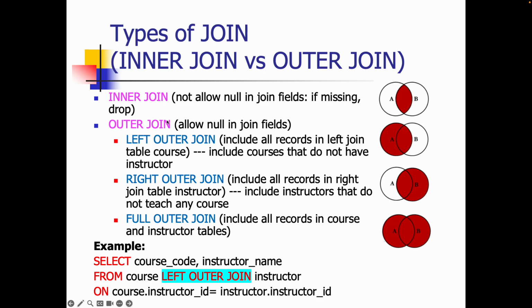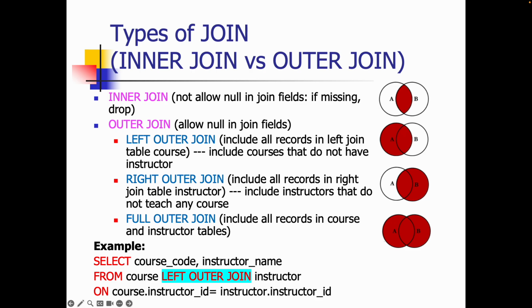Now, if you can remember these pictures, you will never confuse joins, okay? So the inner join returns everything that is common in both tables. It only returns the records where there is a match in both tables, and it doesn't allow any null values.